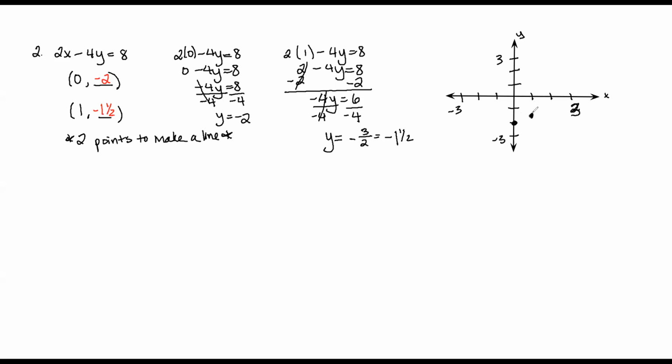So it should be halfway between negative 1 and negative 2. All right, so we have our line. It goes roughly through these 2 points here, and it goes on forever in each direction.